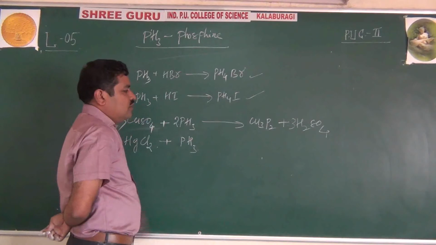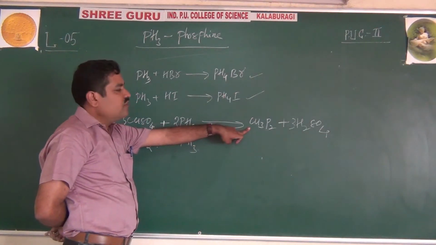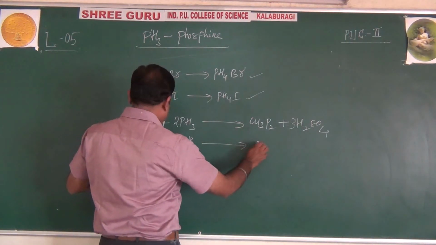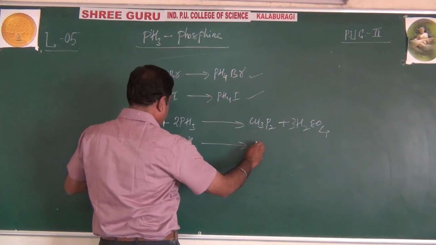Remember, this is called cupric phosphide. With mercury chloride the same kind of reaction gives mercury phosphide.